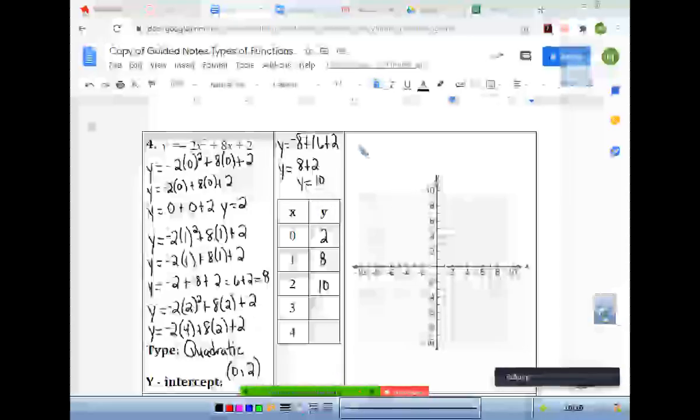And then we're going to do 3. And so plugging in 3's for all my x's. So let's see, start with 3 squared. What's 3 squared? 9.